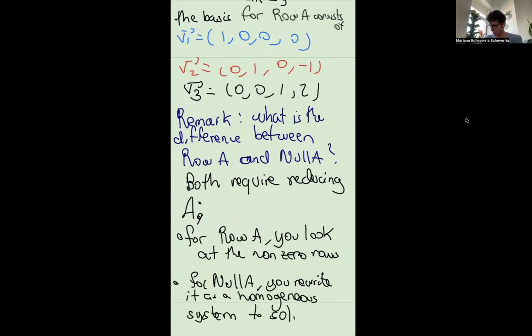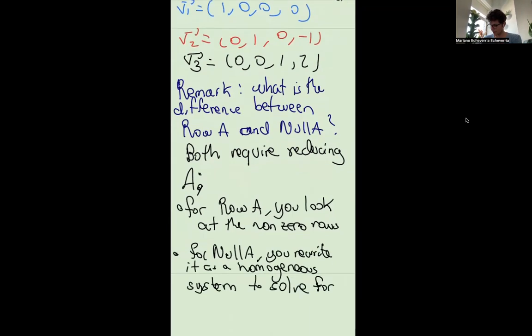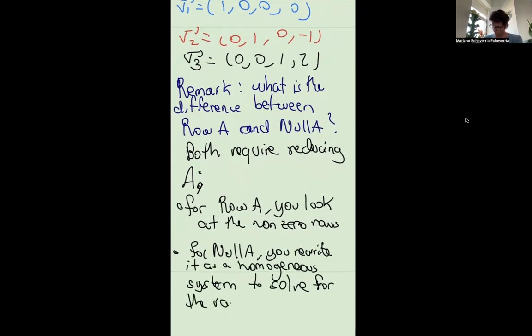They can look very similar, but the difference is that the null space problem is always a homogeneous system. So you have to solve a system of equations at the end of the problem. You can reduce the matrix in the same way in both, but in the null space, because it's a homogeneous system, you have to go back to writing everything in terms of the variables.